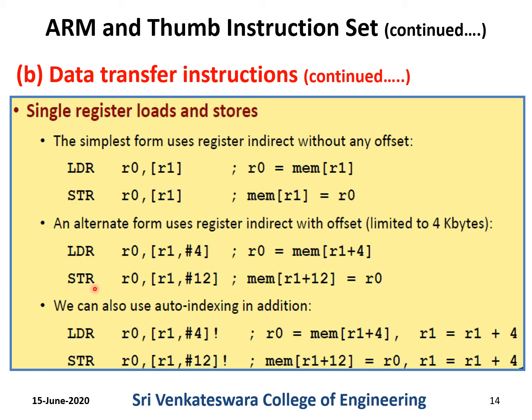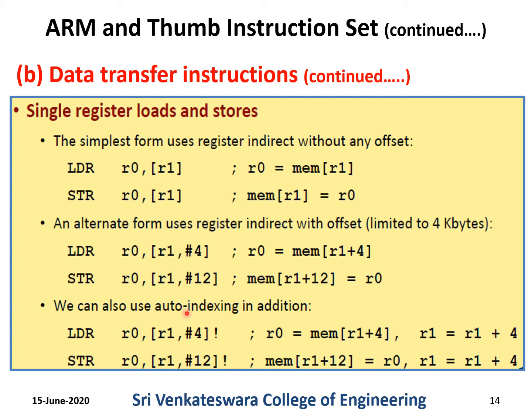Similarly, for the store operation, whatever value is present in R0 will be stored into the location pointed to by R1 plus 12. So the immediate value present along with the load store instructions is locally added, and at the location pointed to by the new address value, data can be either loaded or stored.